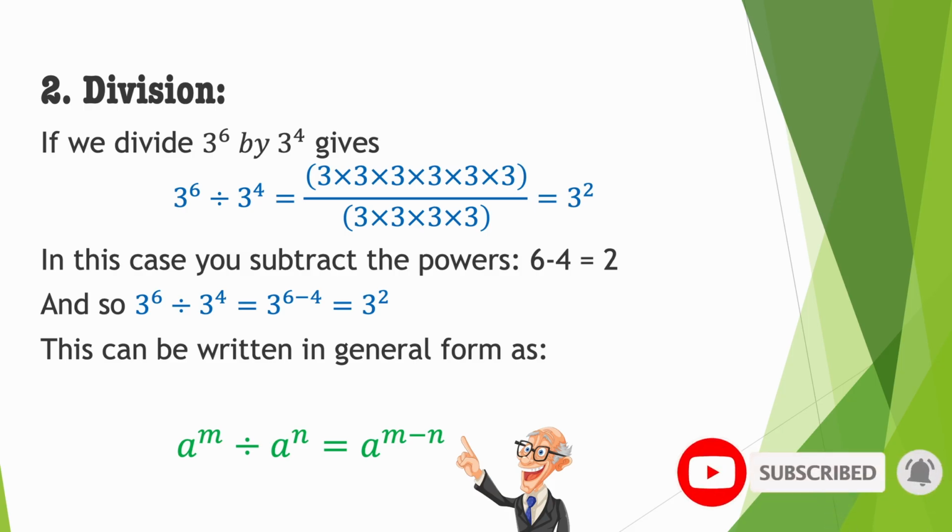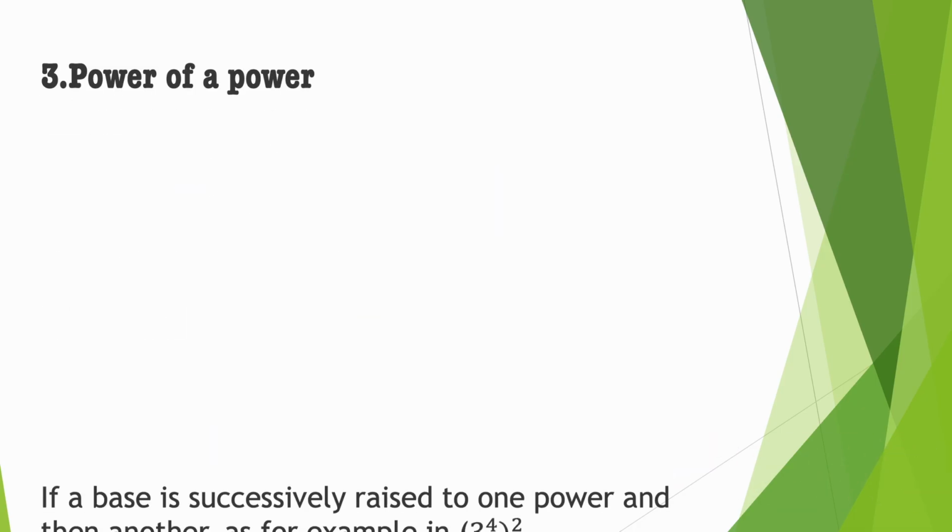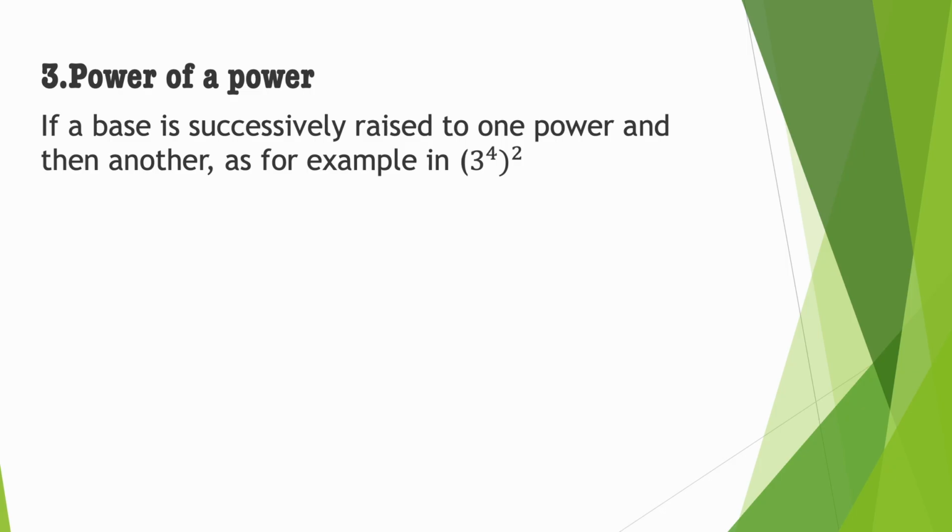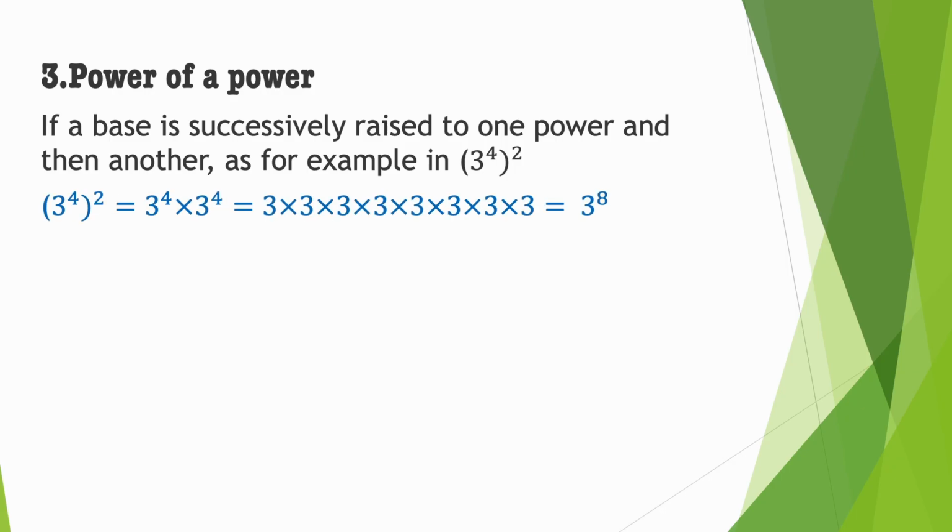Let us look at law number 3, the power of powers. If a base is successively raised to one power and then another, for example, 3 to power 4, then power 2, we can write it in an expanded way: 3 to power 4 squared is actually 3 to power 4 times 3 to power 4, which can be expanded.